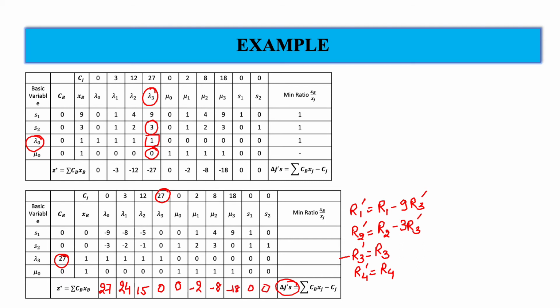Now we will see the variable with the most negative value. It is mu 3. If we consider mu 3 as the incoming variable, what will be the minimum ratios? The minimum ratio corresponding to that will be 0 divided by 9 is 0, 0 divided by 0 is 0, 1 divided by 0 is undefined, 1 divided by 1 is 1. So what are the minimum ratios? We can remove only S1 and S2.